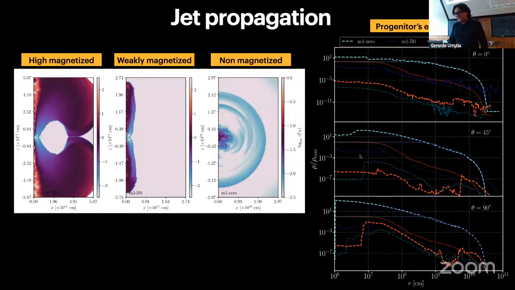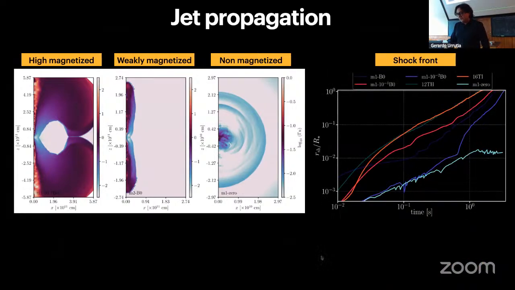Let's say the jet opening angle will change, or the mechanism responsible for the jet opening angle will depend on how magnetized these models are initialized. And one thing that we are exploring is how much time these models take to break the stars. Since we have very magnetized models, it explodes violently, and the most magnetized models break the stars in between 1 and 2 seconds.